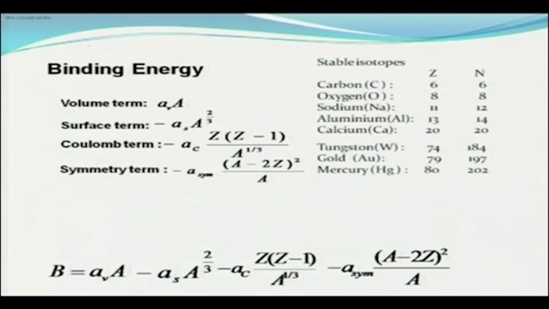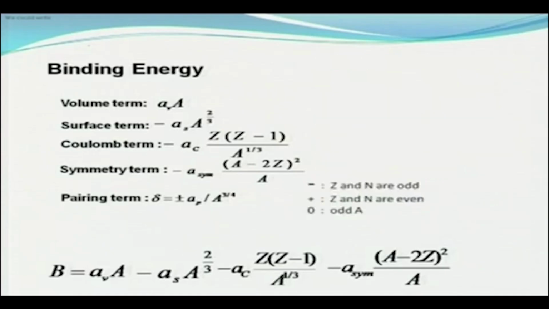Is there anything else that we want to take here? There is one more term which is called a pairing term. This comes out in this fashion. When we study a large number of isotopes, it is found that the nuclei with even number of protons and neutrons are exceptionally stable.